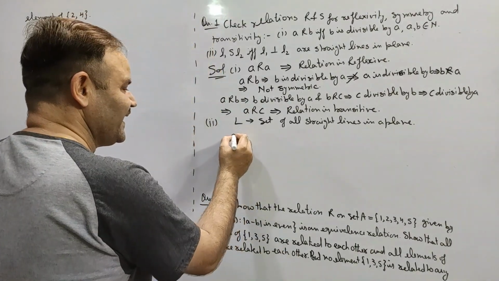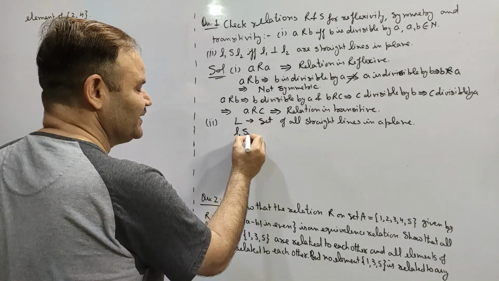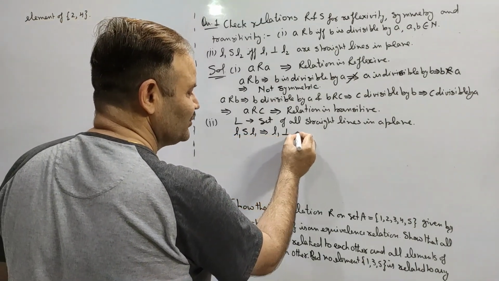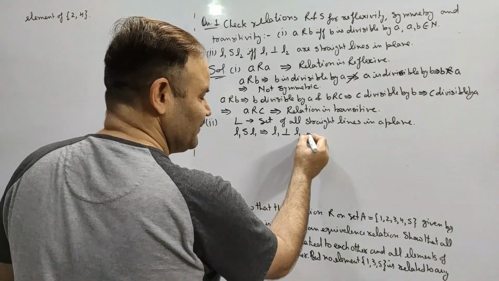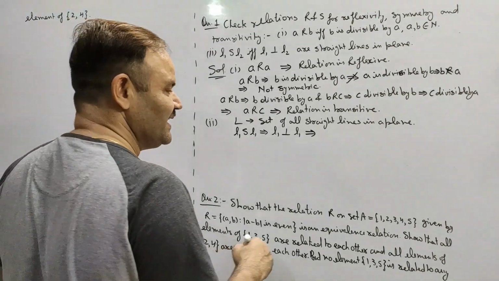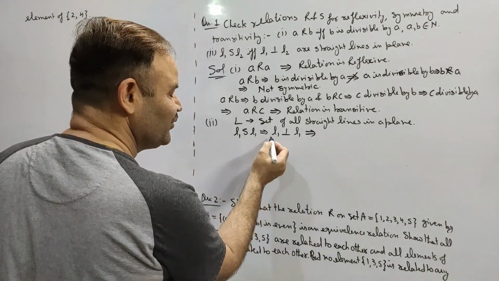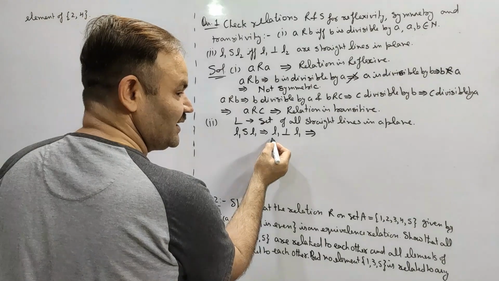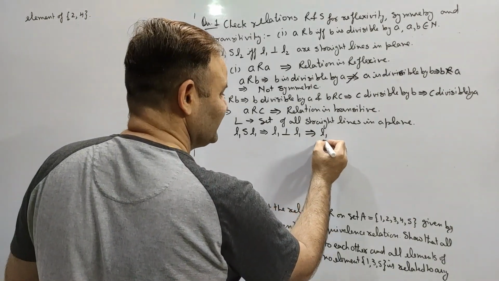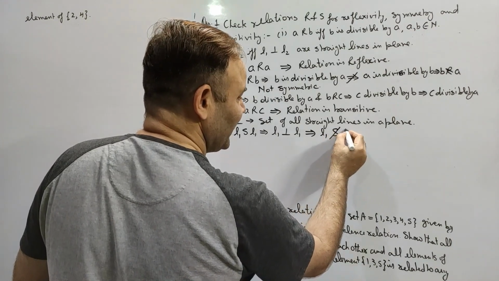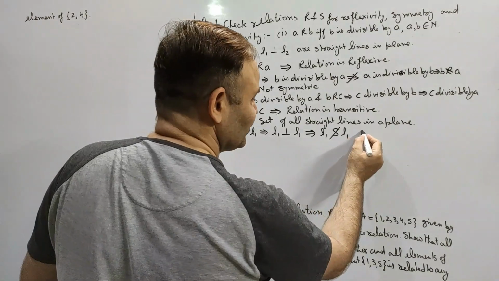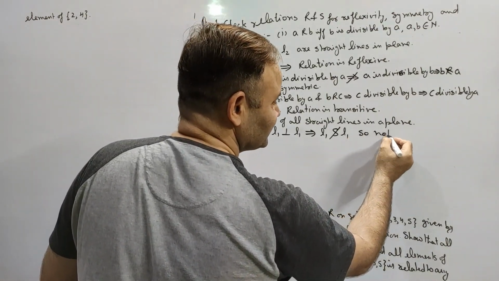Then any line L1 related to itself implies L1 perpendicular to L1, and we know that a line cannot be perpendicular to itself. So every line cannot be related to itself. So this implies L1 is not related to L1 with the relation S. So the relation is not reflexive.